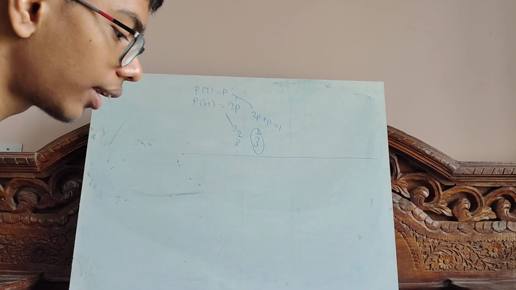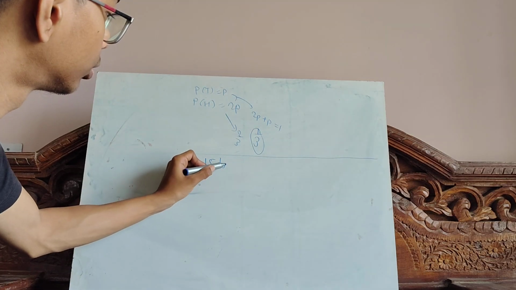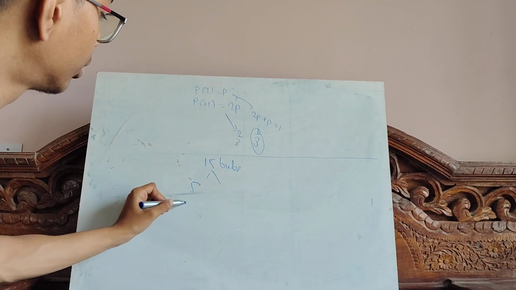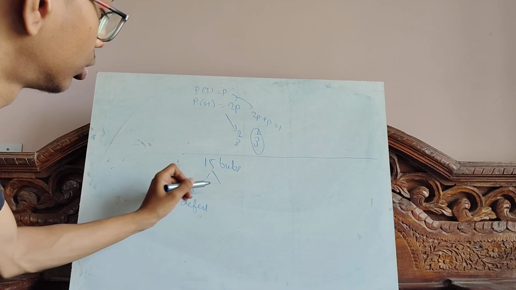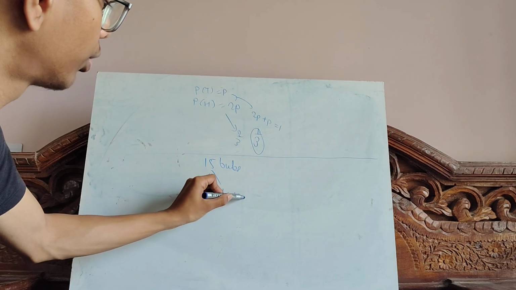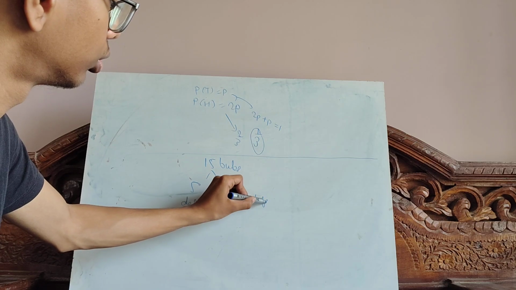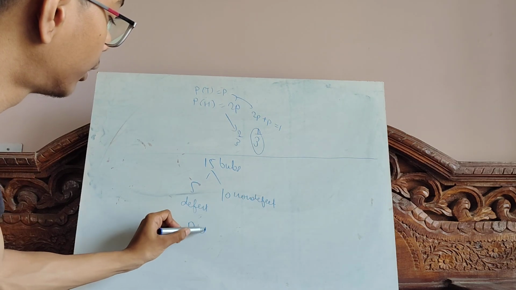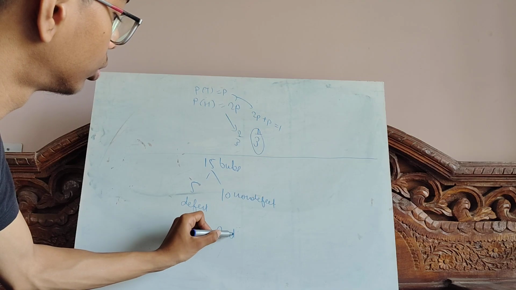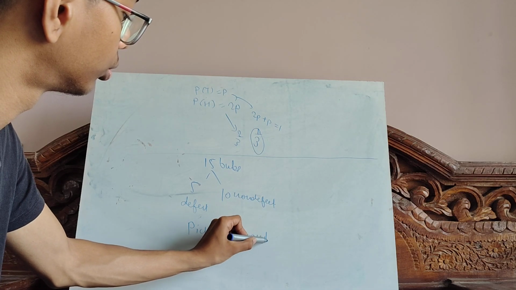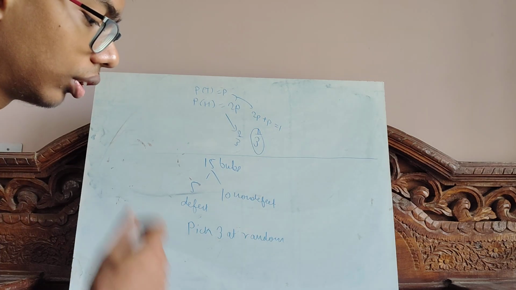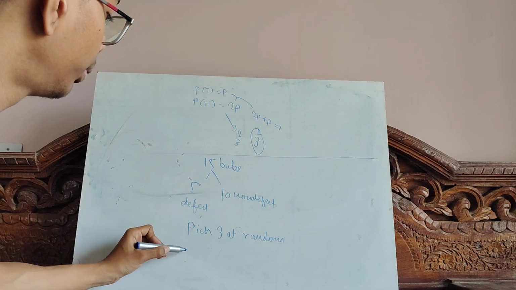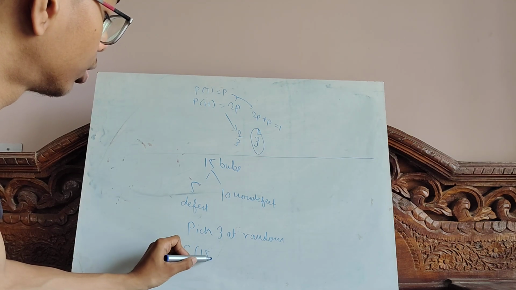Now I have another question. This is, I have 15 bulbs and 5 are defective, 10 non-defective, and I have to pick 3 at random. So total number of ways that I can pick will be C 15, 3.